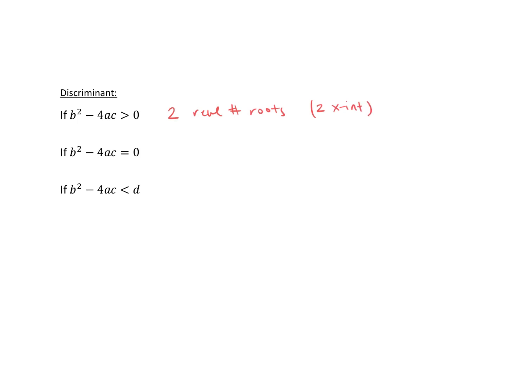If your discriminant, b squared minus 4ac, is equal to 0, you're going to have one real number root, which is one x-intercept on a graph.